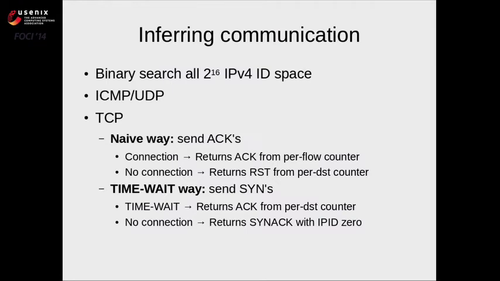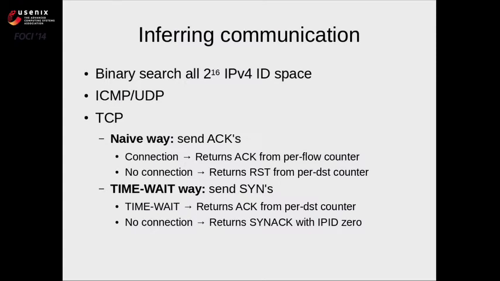Now we know the exact value of this counter. Well, then how do we measure communication? Well, if you recall, ICMP packets and UDP packets always draw from the per destination counter. So if we periodically check to see if this counter has changed, we remeasure this counter, we can count exactly how many of these packets have been sent.